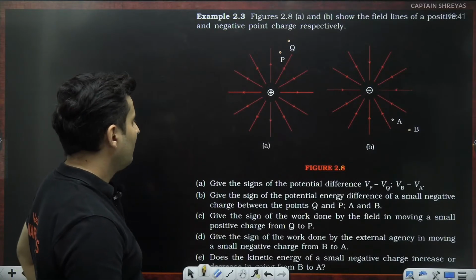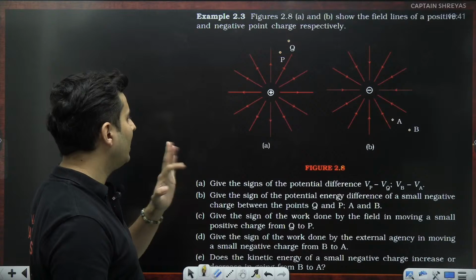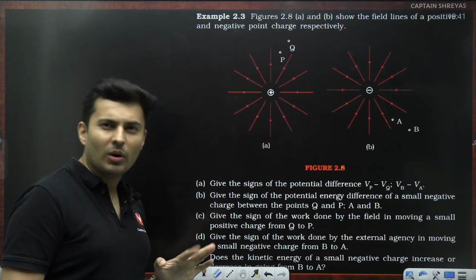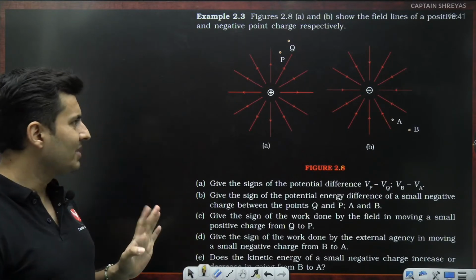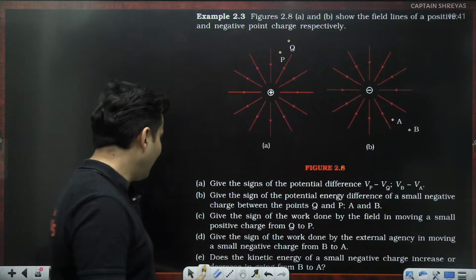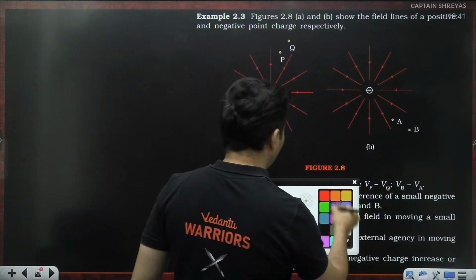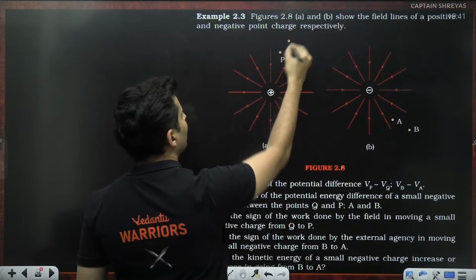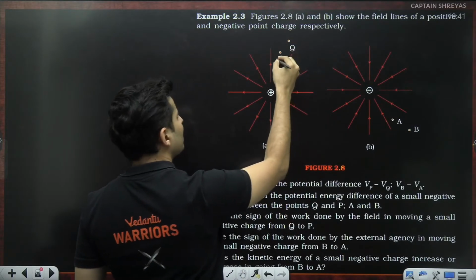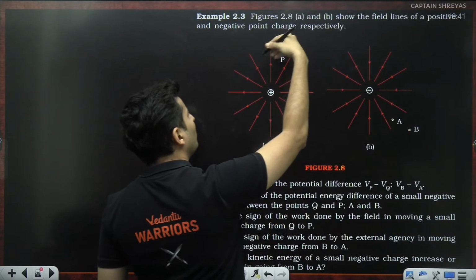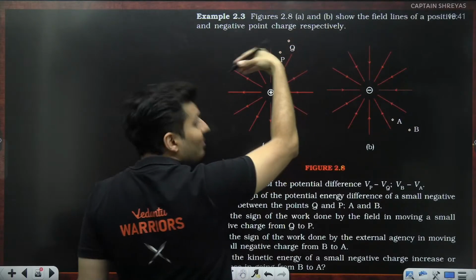First, give the sign of potential difference between P and Q. The best thing to do in such problems is to put some random values just for the sake of it and then solve the problem, because this is a positive charge. So it will have positive potentials. As you go far away, the potential will decrease. I'm just taking an example.